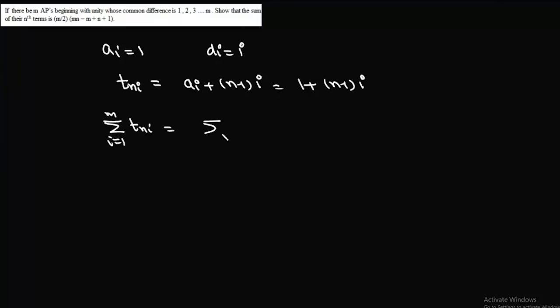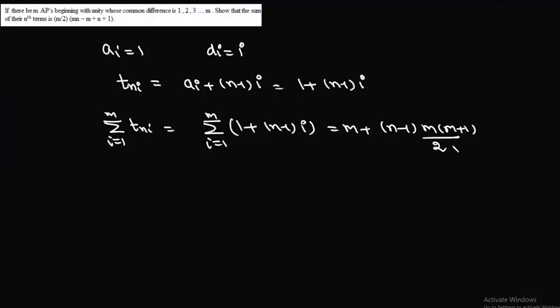Now it will be this summation, i varies from 1 to m, 1 plus (n minus 1) into i. Now summation 1 is m, and this is n minus 1, and summation i is m into (m plus 1) by 2. Now what we'll do is we'll take m by 2 common.